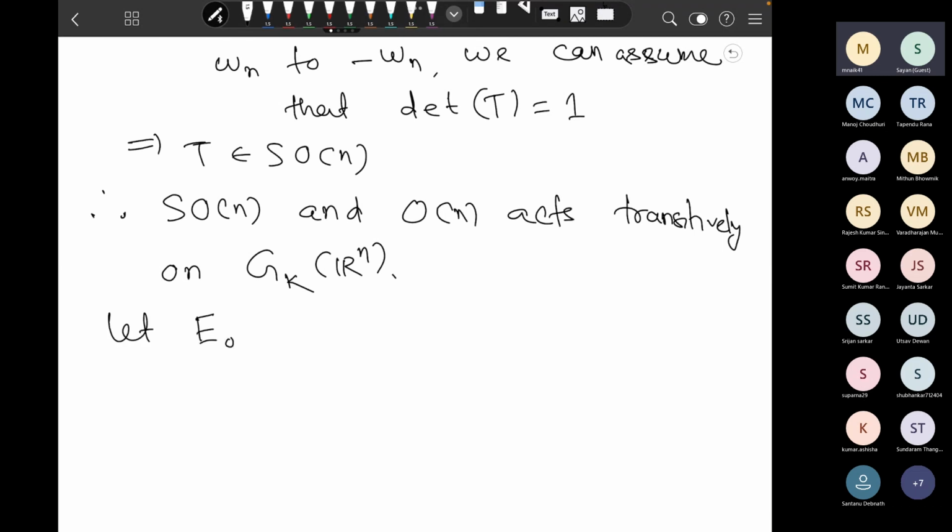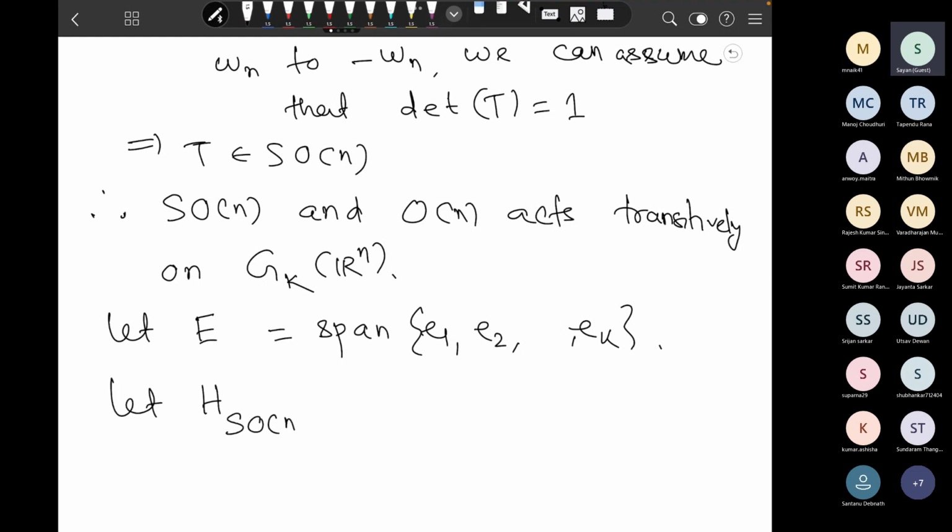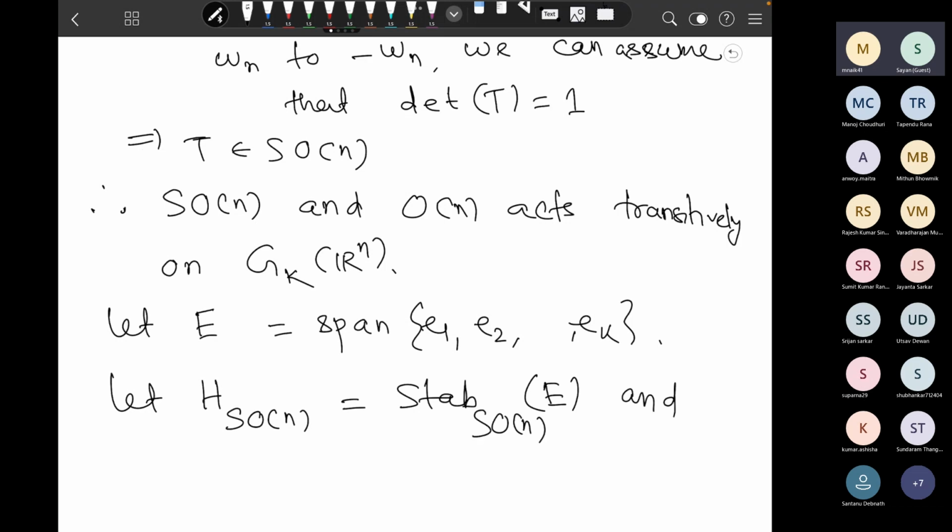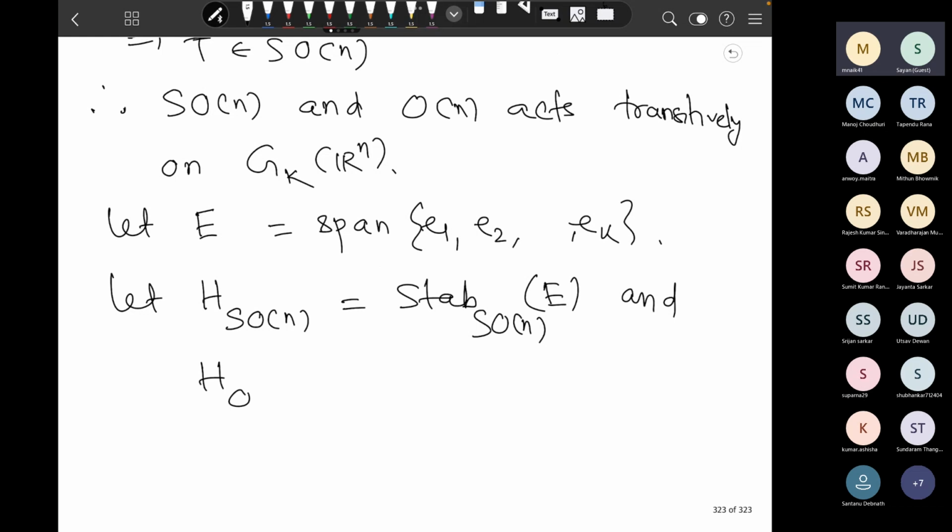Let E be equal to the span of the first k vectors, E1, E2, ..., Ek. Now let H(SO(n)) be the stabilizer of E inside the group SO(n), and let H(O(n)) be the stabilizer of E inside the group O(n).